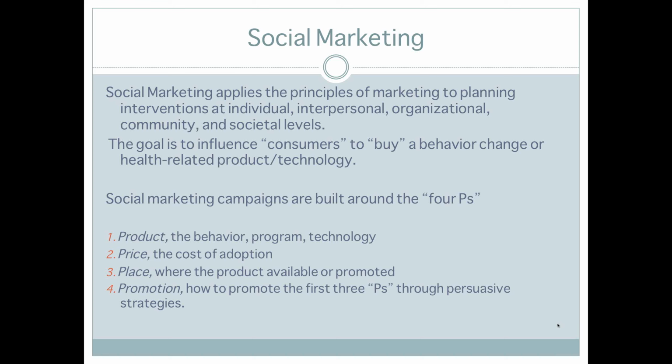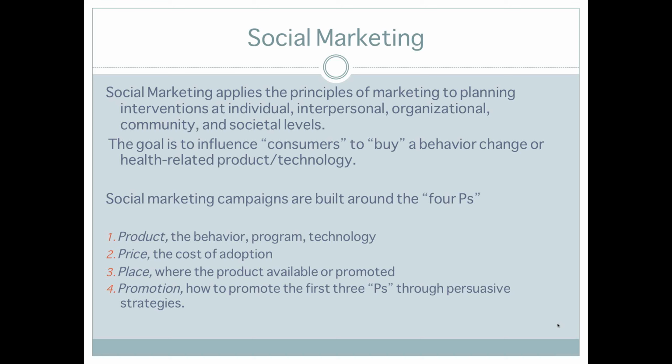And the goal of a social marketing campaign is to influence the consumers, who can be individuals, organizations, communities, to buy a behavior change. So we're not buying a product, we're buying a particular behavior change that's being marketed, or we're buying a health-related product or technology.